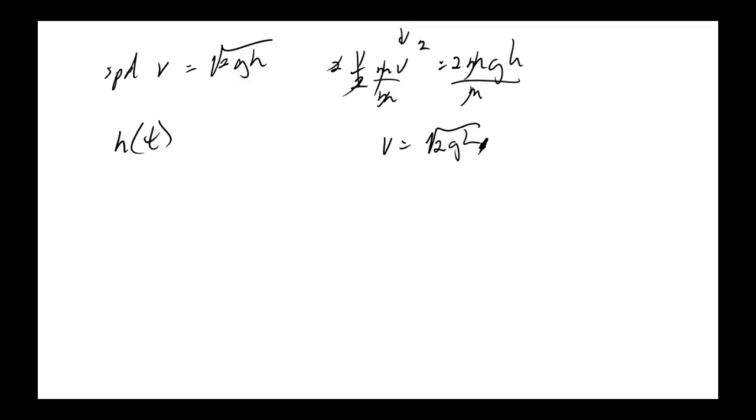Now, this v, little v, is velocity. Capital V is volume.